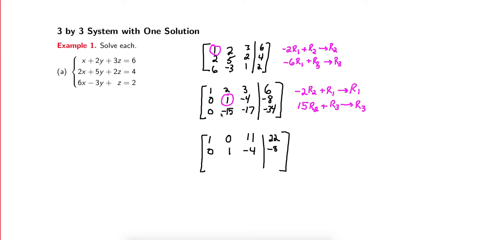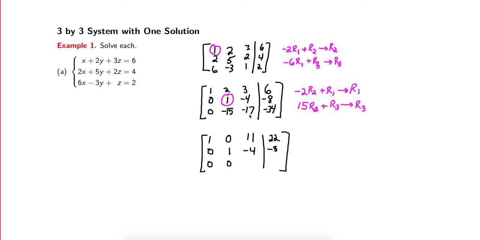And now let's work on this last row. So we have 15 times 0 is 0, plus 0 gives us 0. Again, that first column's not going to change once we got it set. 15 times 1 is 15. 15 plus negative 15 is 0. So there's our second column set. 15 times negative 4 is negative 60.